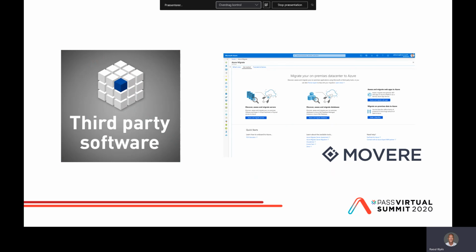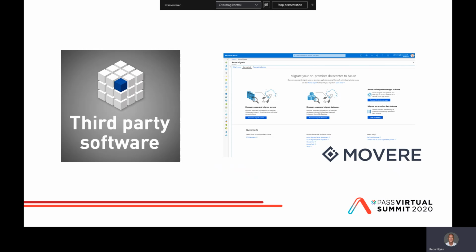Now, the second part is, how do we identify connection endpoints? And there's really no easy answer. Well, it's not as easy as it is with the assessment data. There's a boundless amount of third-party software you can use to collect all these connection endpoints.